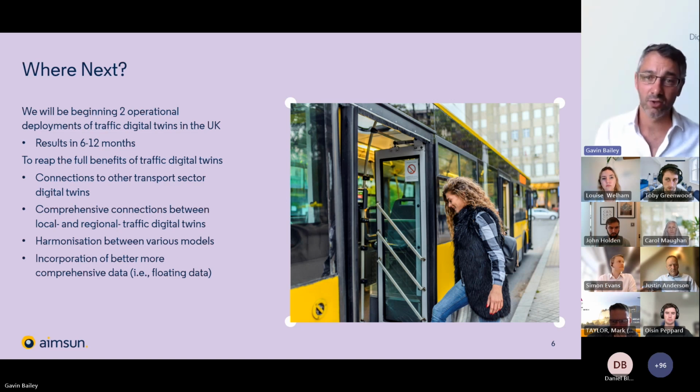But really, to reap the full benefits of traffic digital twins, connections to other transport sector digital twins are required. These can really help in understanding travel behaviours between non-road based transport systems and the road environment. So it helps us understand demand a bit better and how we can influence that and affect change. Key to that is harmonisation of the local and regional traffic digital twins, because we're seeing those pop up a lot in the UK.